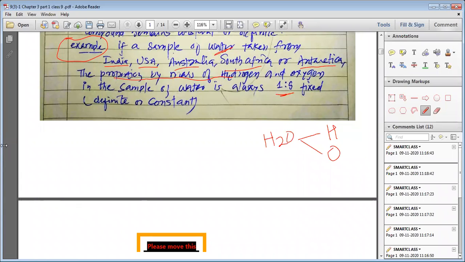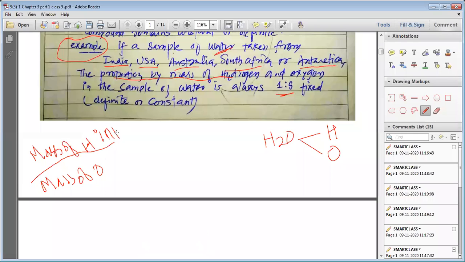What is the meaning of this statement? If you take the mass of hydrogen divided by the mass of oxygen in H2O, then this ratio you will always get 1 by 8.